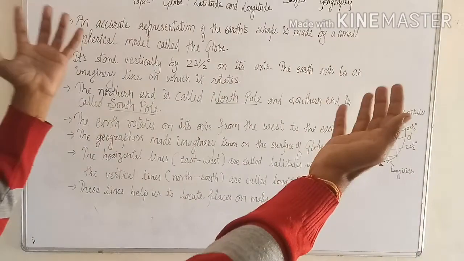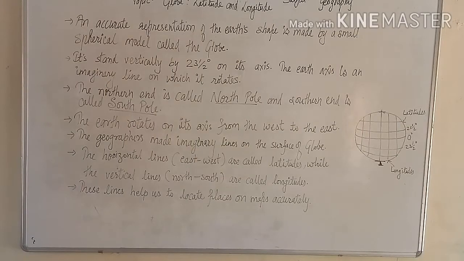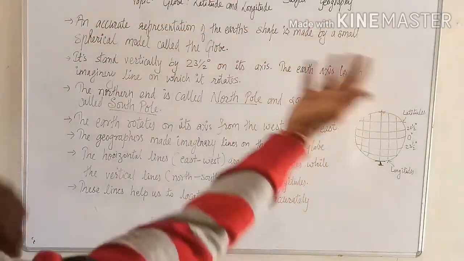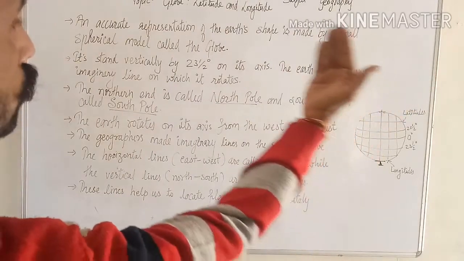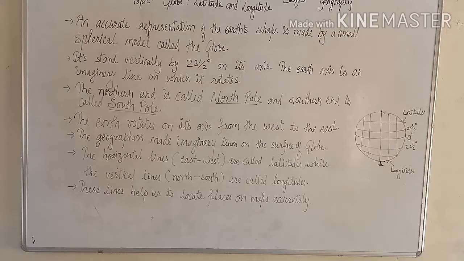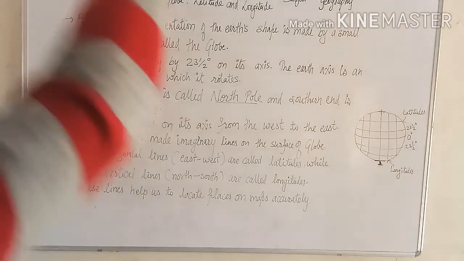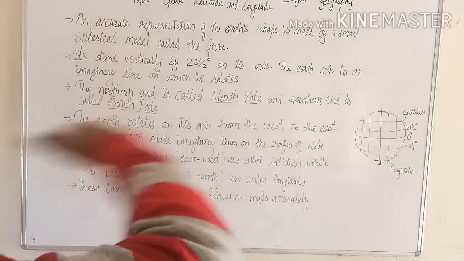It rotates on its axis from this side to this one. So the Earth rotates on its axis from west to east. The geographers made imaginary lines on the surface of globes. When you see the globe, you can easily find that many lines are made there, crossing lines from up to down and from east to west.